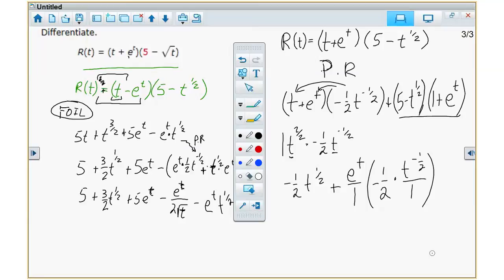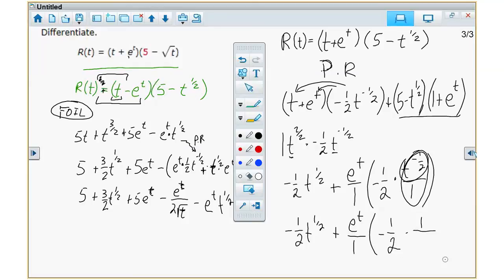Now, I don't like a negative exponent, so I'm going to flip this whole thing. And that's going to give me negative 1/2 t to the 1/2 plus e to the t over 1 times negative 1/2 times 1 over t to the 1/2. And what is t to the 1/2? Square root of t. So I can change this to square root of t.